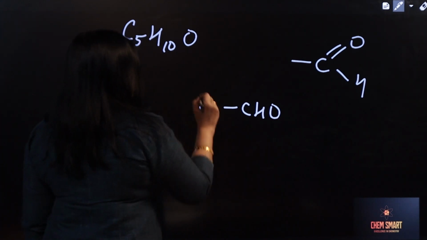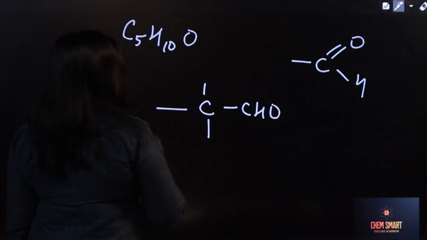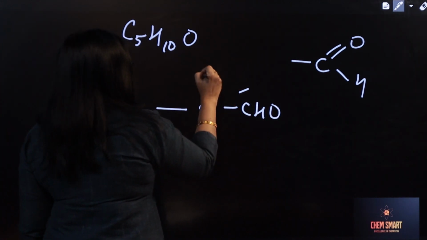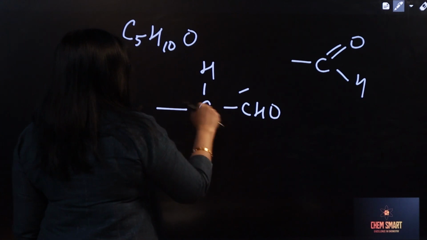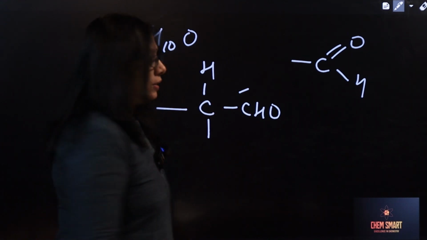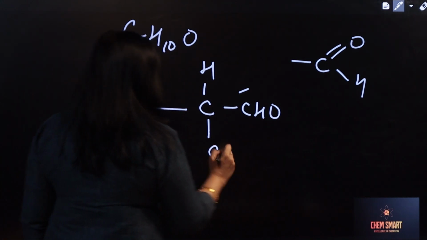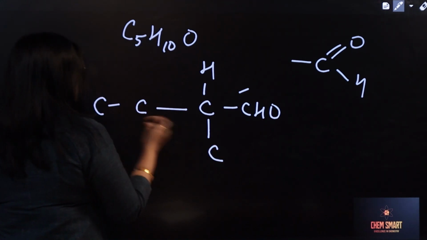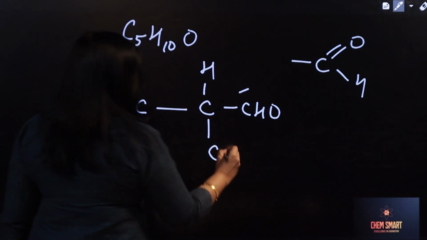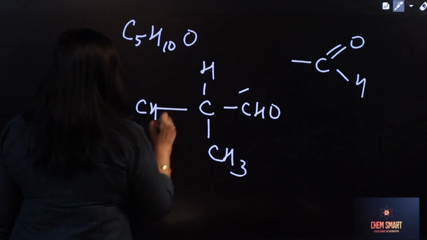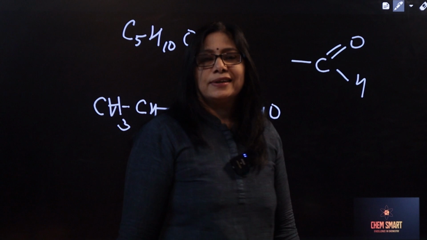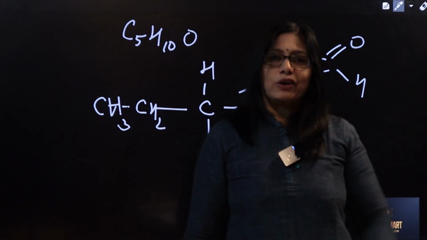Now the carbon should have 4 different groups. Already this group is different. Now let one be hydrogen. Now we have put 2 carbon atoms already, and we have to put 3 more. So let me put 1 here and 2 here. Then this is methyl and this can be ethyl. See, it satisfied the hint in the question, right?